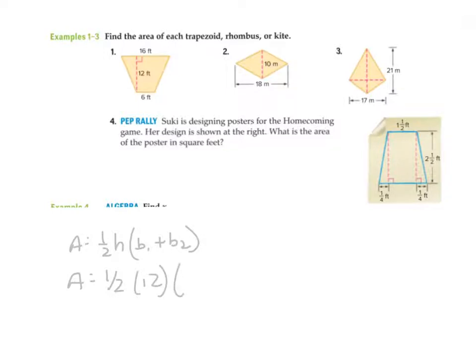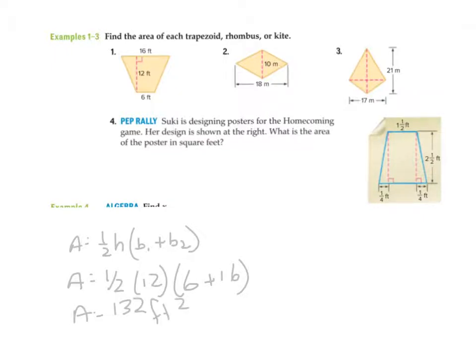And B1, the smaller one, is 6, 6 plus the 16. Okay, so that's going to give you 12 times 22 divided by 2, and that will give you the area, which will give us 132. Okay, and don't forget the units, and this is feet squared.